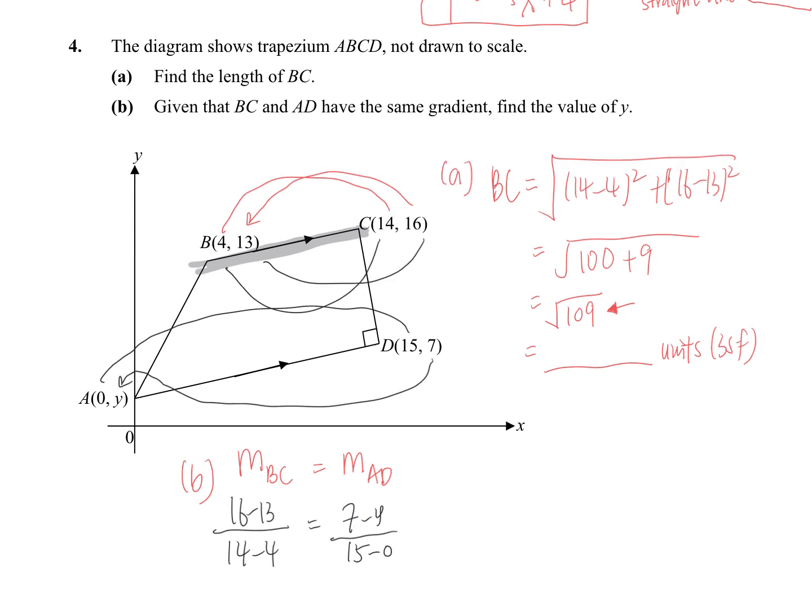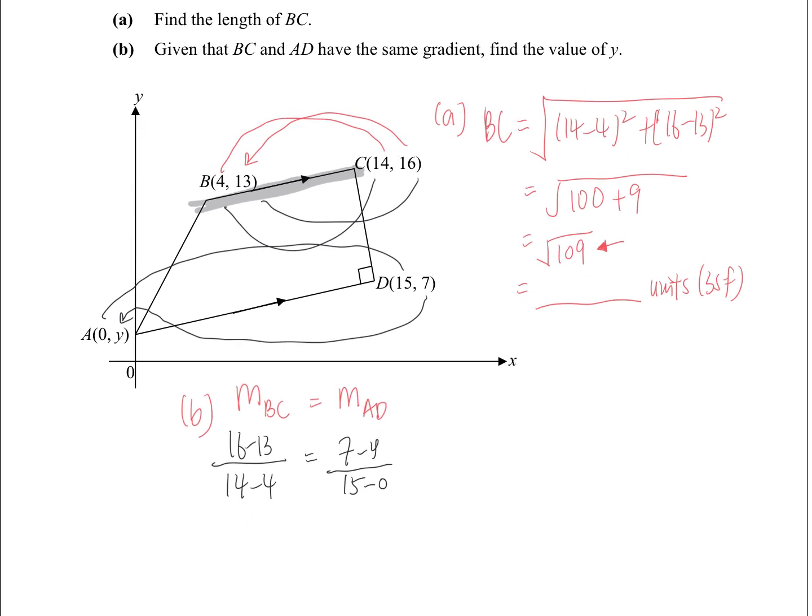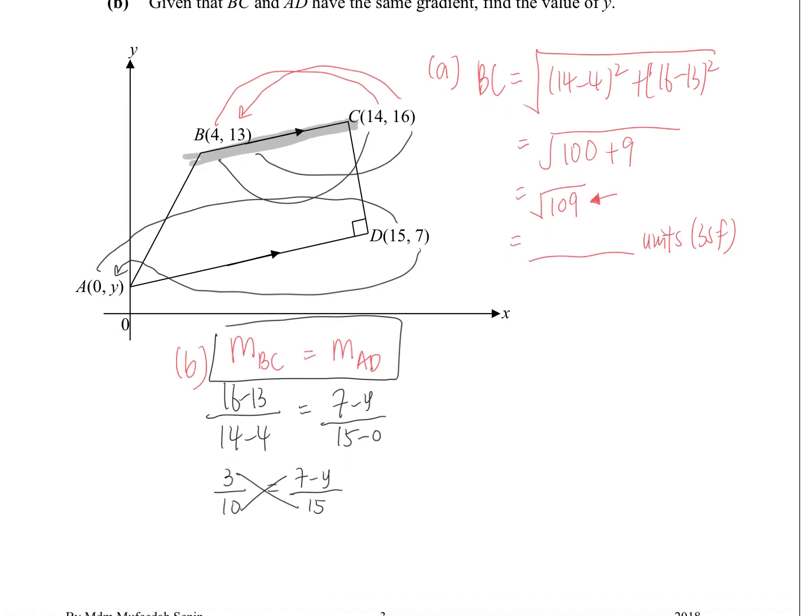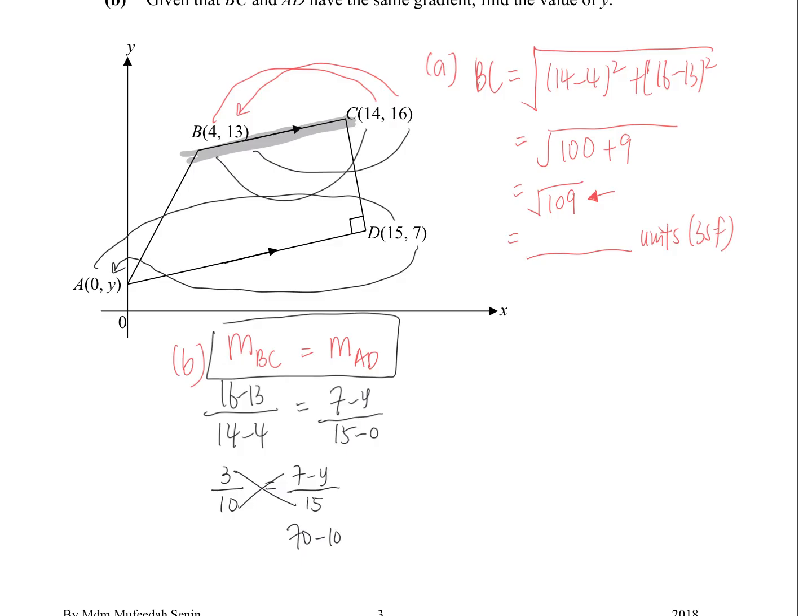But you know it is parallel, so same gradient. Because I want to solve for the unknown Y, I equate them together. So this is 3 over 10. And then you cross multiply and solve. So this is 70 minus 10Y.